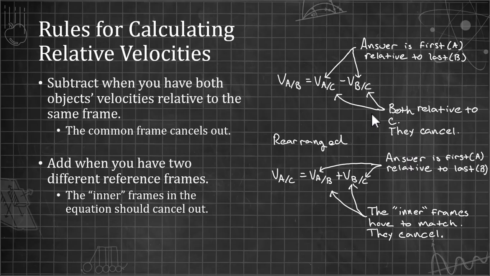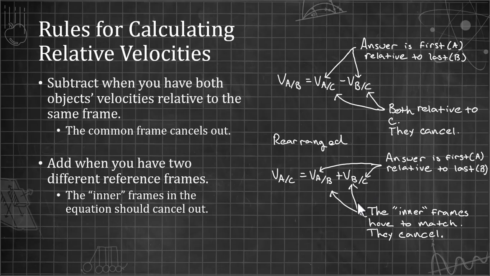Now let's say we had the relative velocity of one object and one object to the ground. If we rearrange this equation and we wanted to maybe find VA relative to the ground, we could say that is VA relative to B plus VB relative to C. So once again, our answer, VA/C, is the first relative to the last term here.